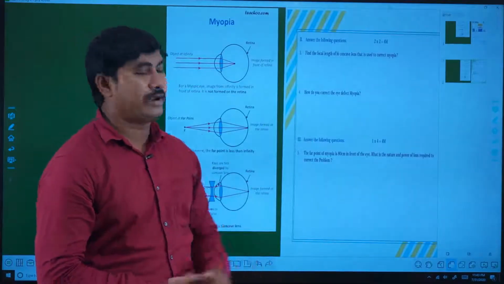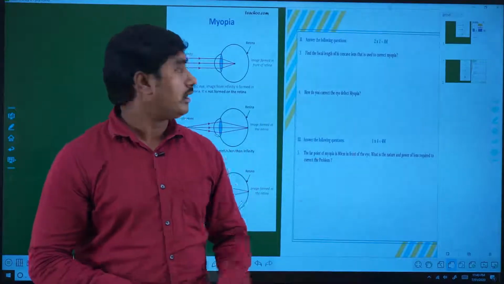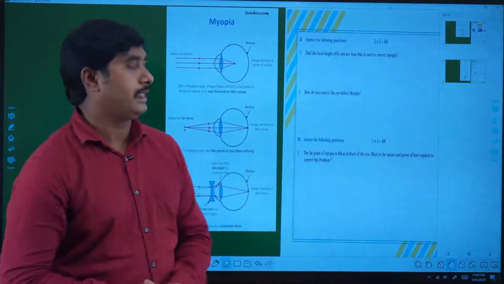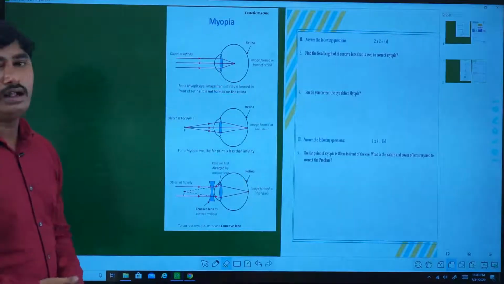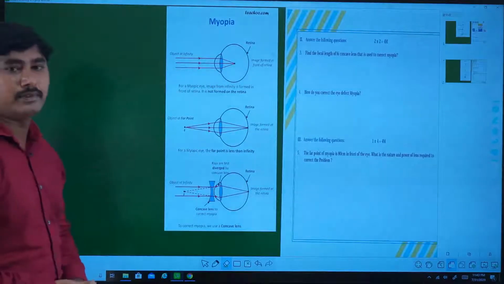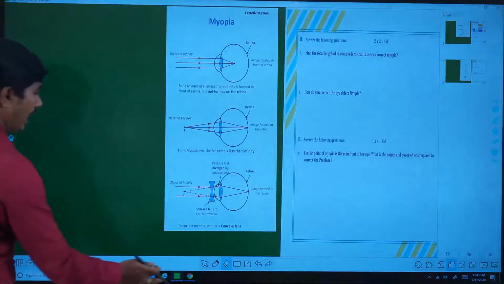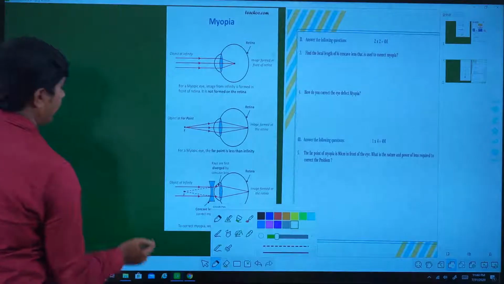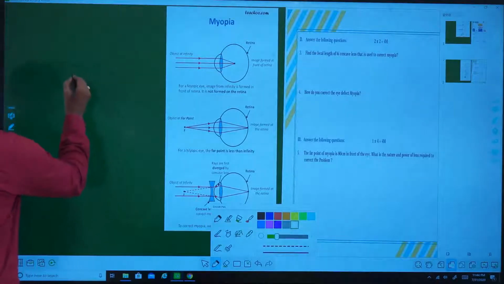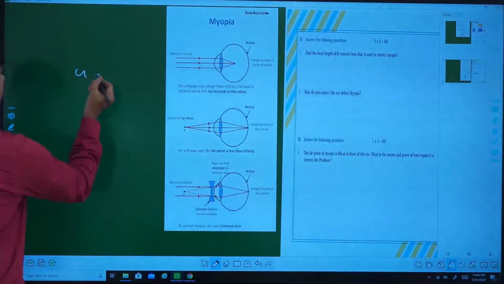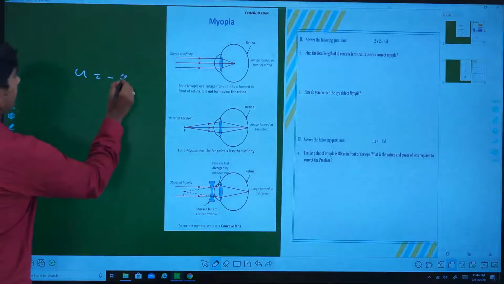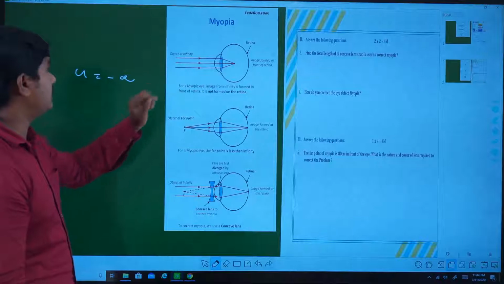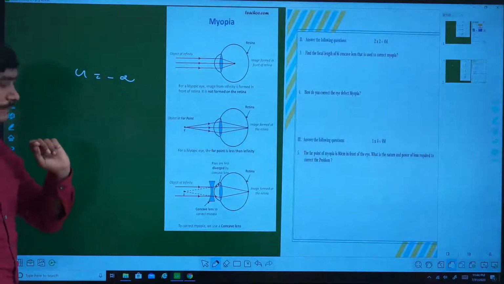So you have to find the focal length of the concave lens used for correcting myopia. In myopia, the object is at infinity, so you take the object distance as infinity. Here u is equal to minus infinity, since due to sign convention the object is on the left side of the lens.